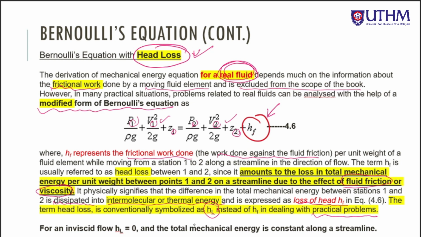Sometimes it can be considered as HF and sometimes as HL. And for an inviscid flow, HL equals 0. If we consider inviscid, with no viscosity, HL equals 0, and the total energy is constant along the streamline. But for a real fluid, we have to consider this additional head loss term.